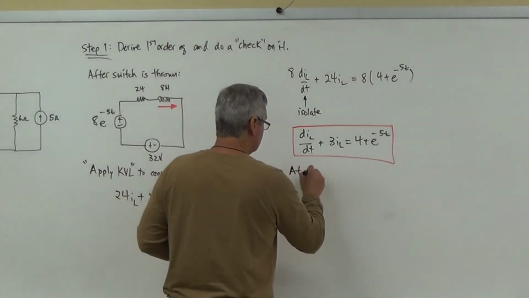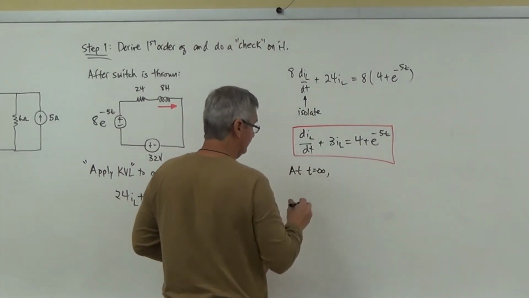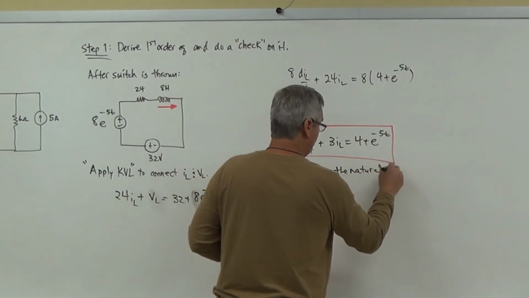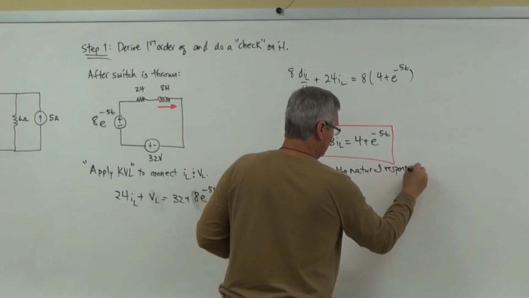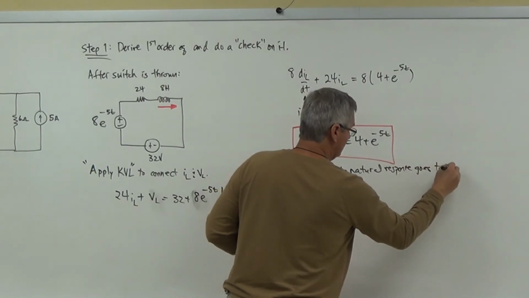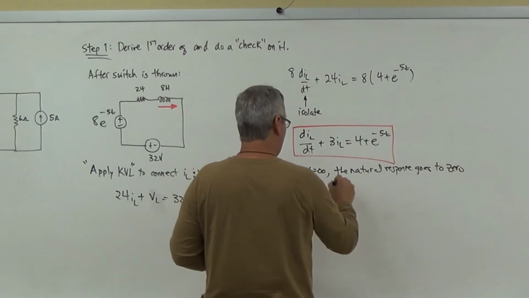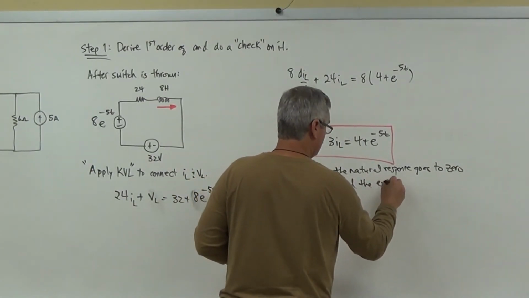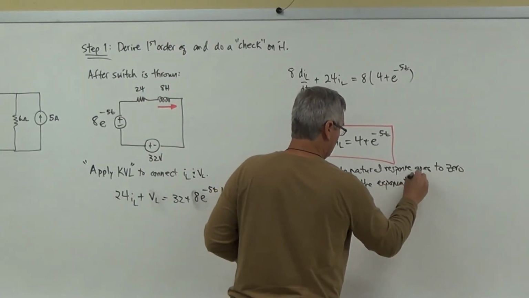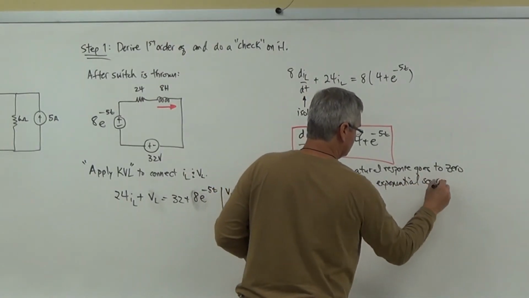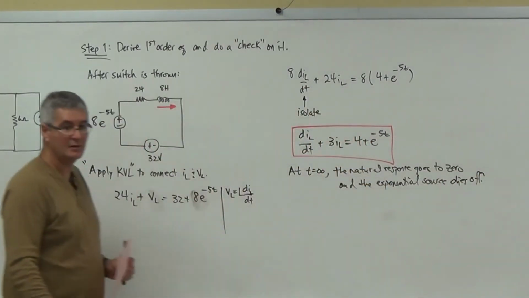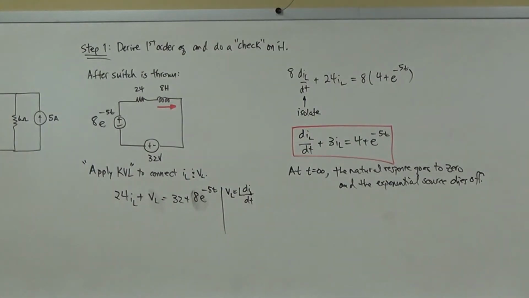At t equals infinity, the natural response goes to 0, and the exponential source dies off. Right? So the only thing that's left here is the forced response.